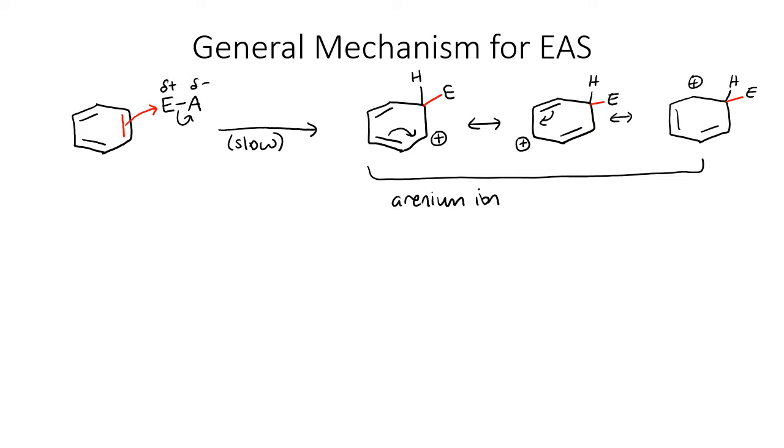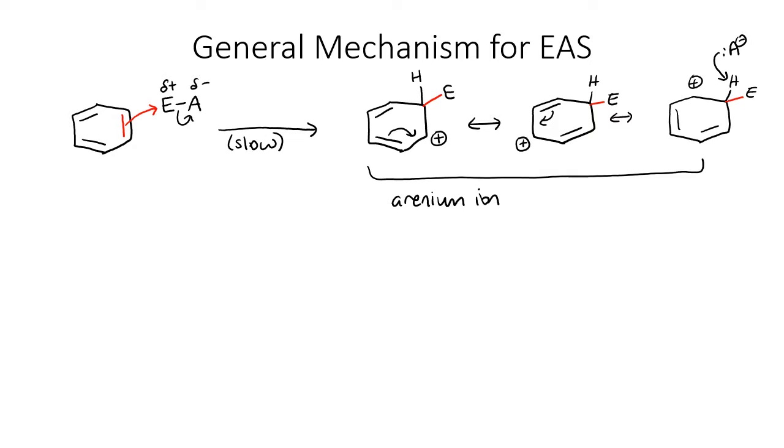Now, after we form our arenium ion, the last step of our mechanism is going to be restoring the aromaticity of the compound. So what's going to happen is the slightly negative portion of our electrophile, which now has a full negative charge, is going to come in and remove the H that's on the same carbon as the electrophile.